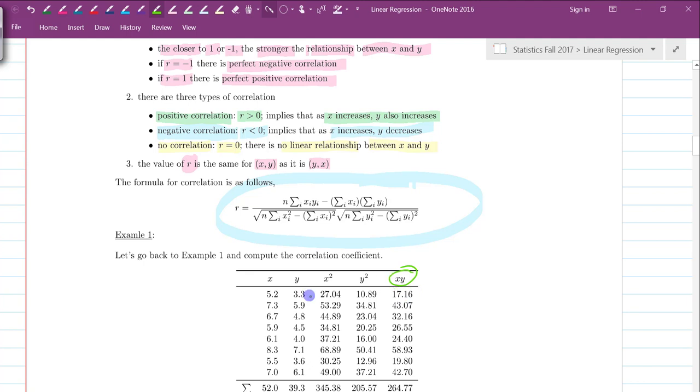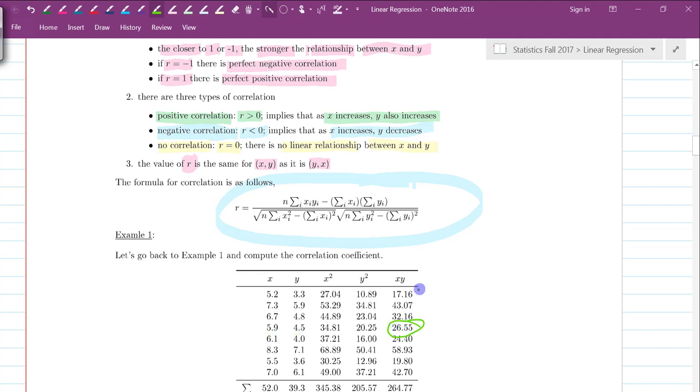Then I have, what is 7.3 times 5.9? It is 43.07. What is 6.7 times 4.8? That is 32.16. What is 5.9 times 4.5? That's 26.55. And you go all the way down.